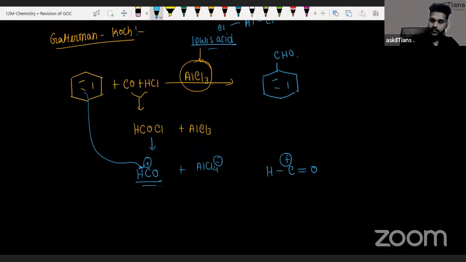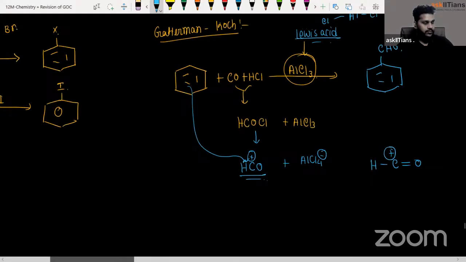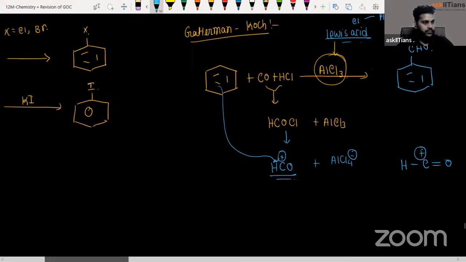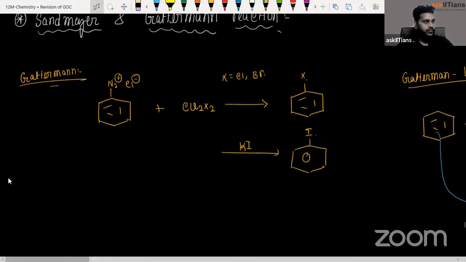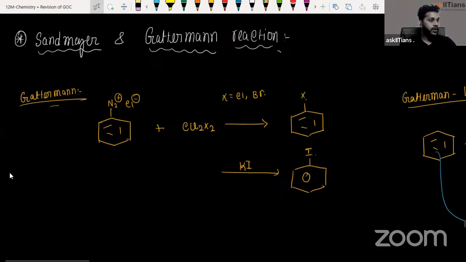All right. Now, what was I talking about? The Gattermann reaction. With Cu2X2, it is Sandmeyer's, right? Cu2X2 is Sandmeyer. Gattermann is Cu.